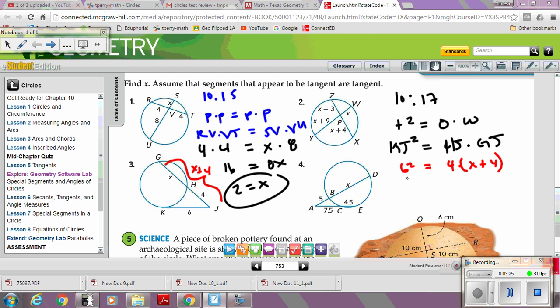Now let's get x by itself. 6 squared is 36. Distribute the 4 on the right, which gives 4x plus 16. Subtract 16 first on both sides to get 20 is equal to 4x. Then divide both sides by 4, and you get x is equal to 5.